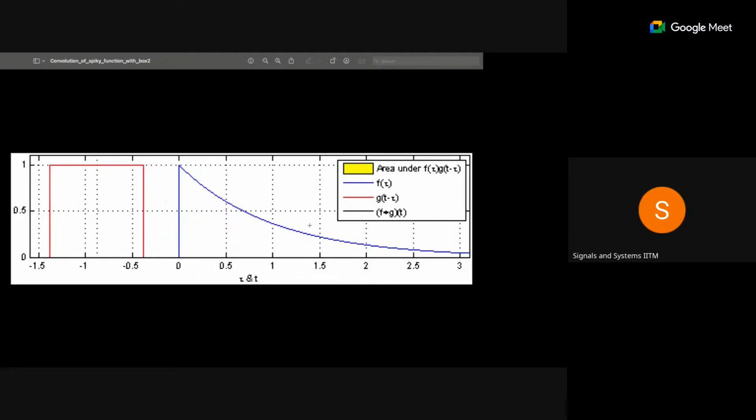Those are the limits for tau, going from minus infinity to plus infinity. When you do that, that black dotted line is the convolution curve. So that is what f star g of t is.